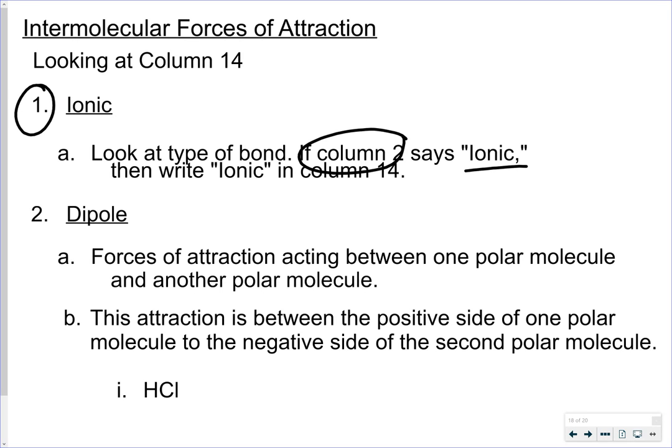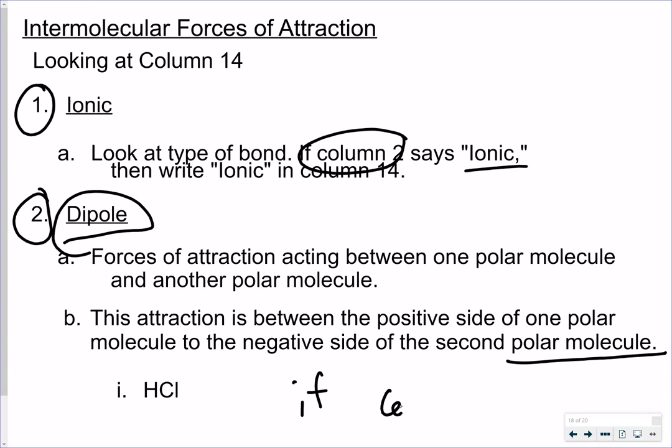The second thing is dipole. Now, how is it dipole? That means that it has a polar molecule. So you have dipole if column 13 is a yes.